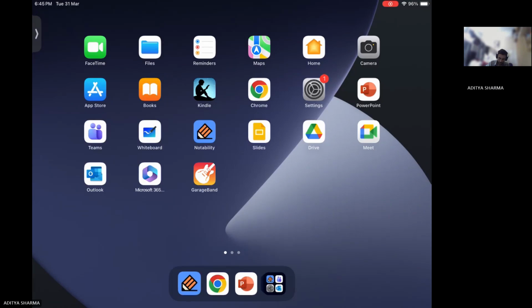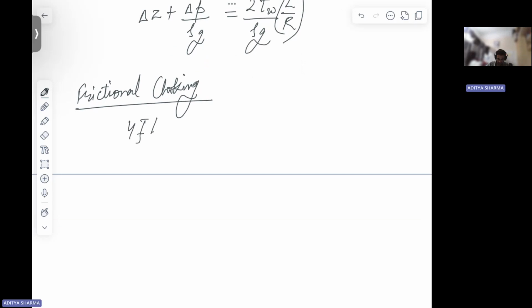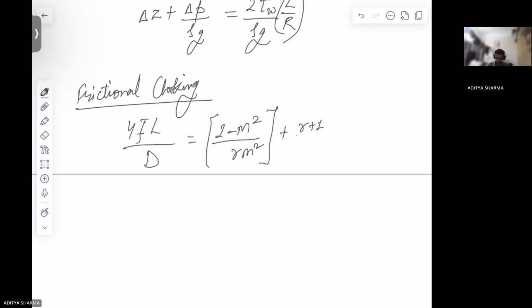And from here you have one formula, which is, so this is there.